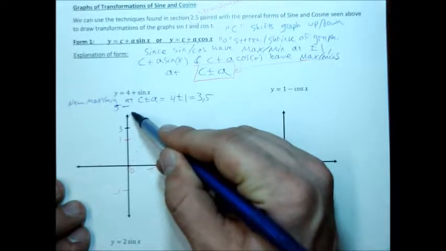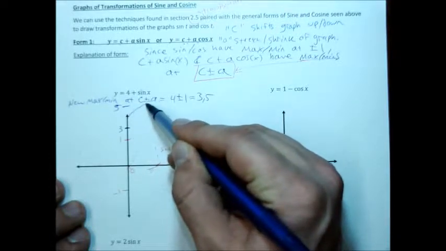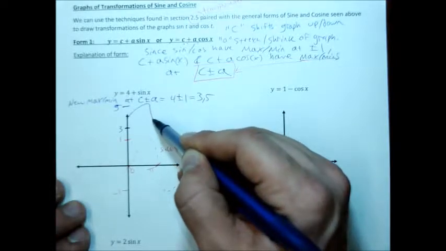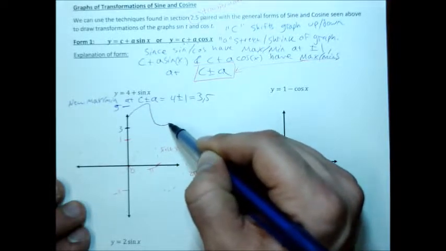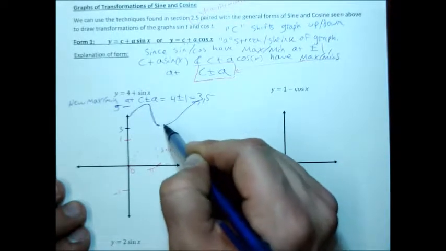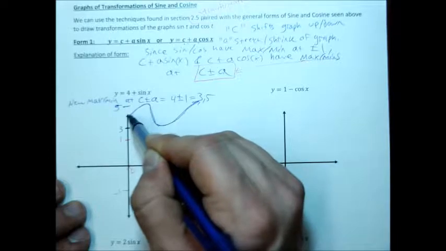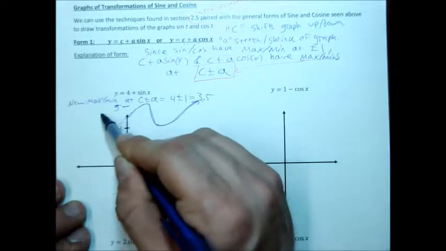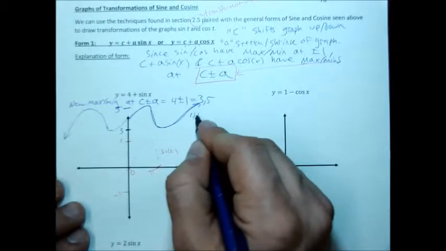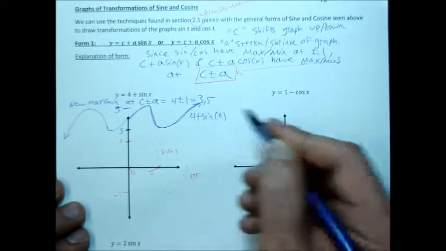And so we go, try my best here, we go up, come back down to 3, back up that way. It's not the most pretty looking graph. And of course it goes in the other direction as well. This is what 4 plus sine would look like.